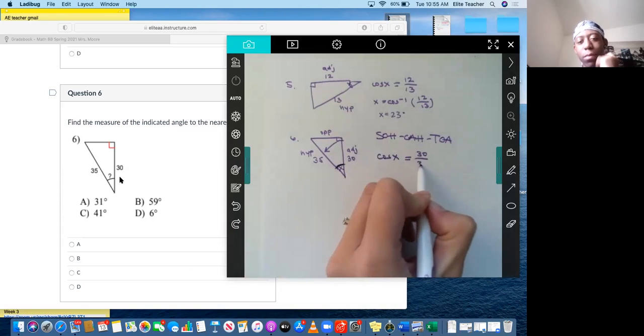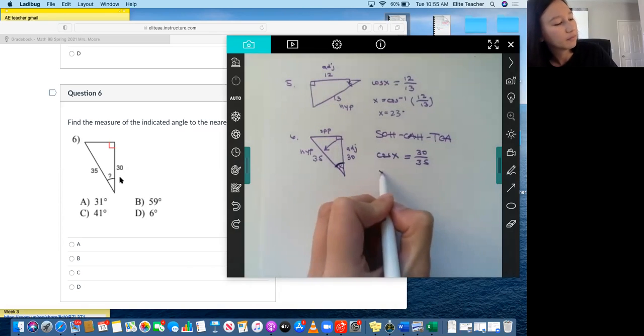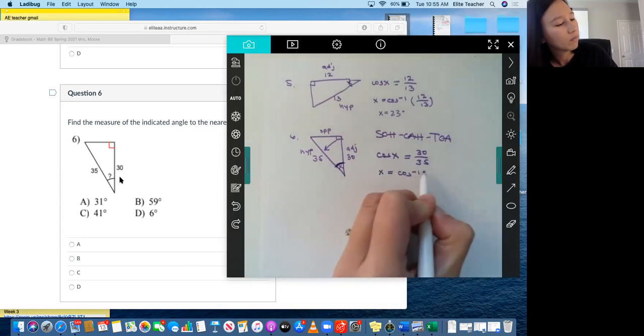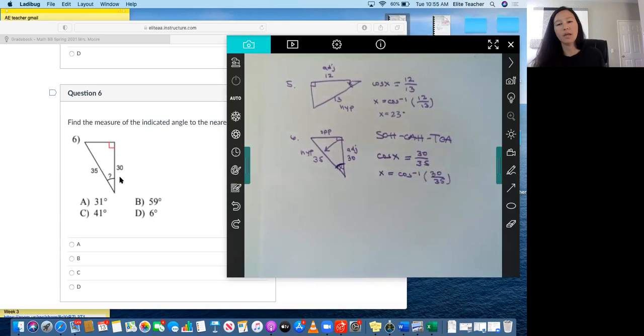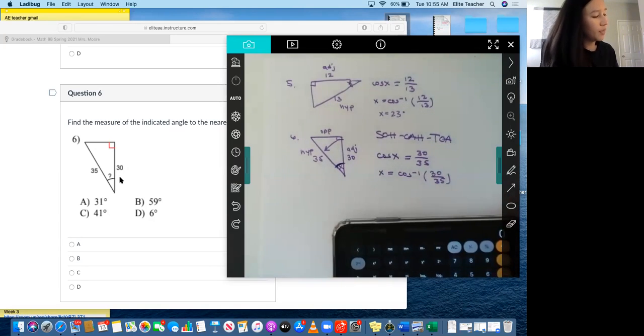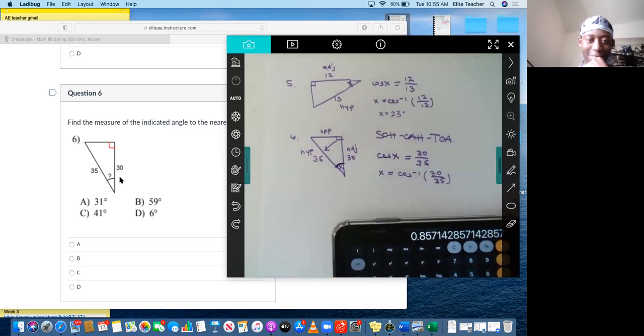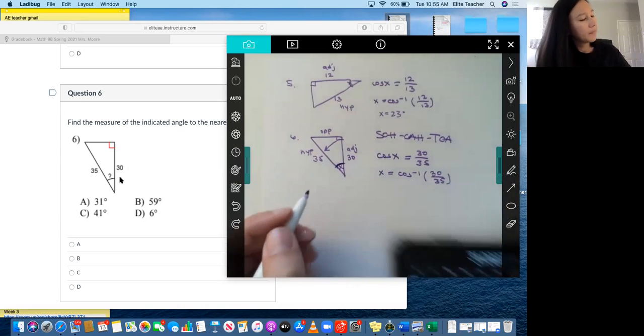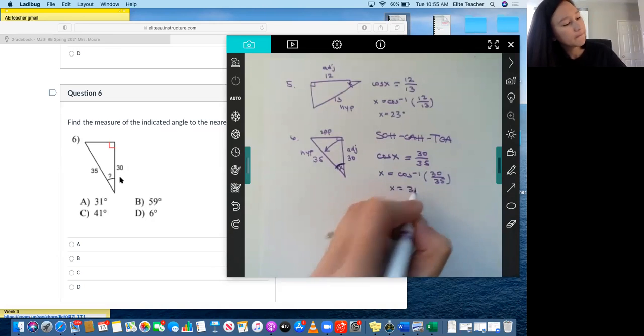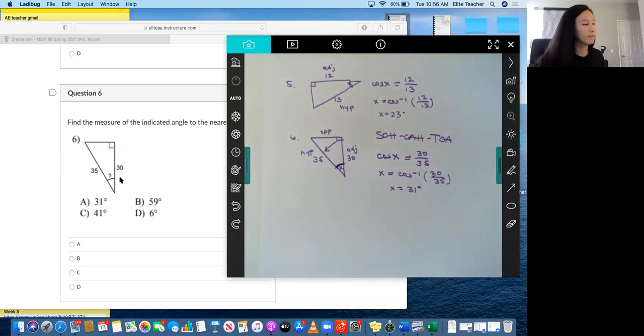Very good. Now it's just calculator work. We've got 30 divided by 35, and then we take the inverse cosine, so it's 31. Thank you, Jaden.